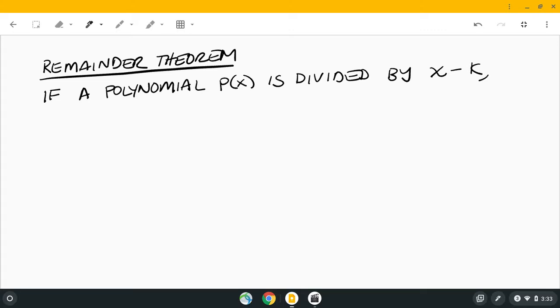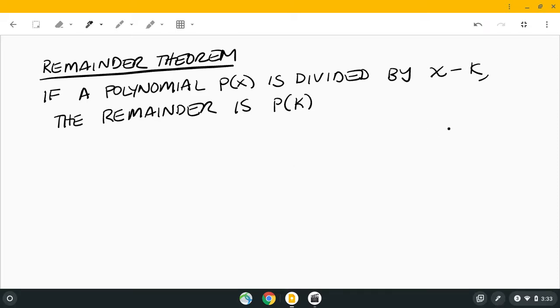So if you're dividing one polynomial by x minus k, the remainder is actually equivalent to p of k. Okay, so here's the k over here, right?